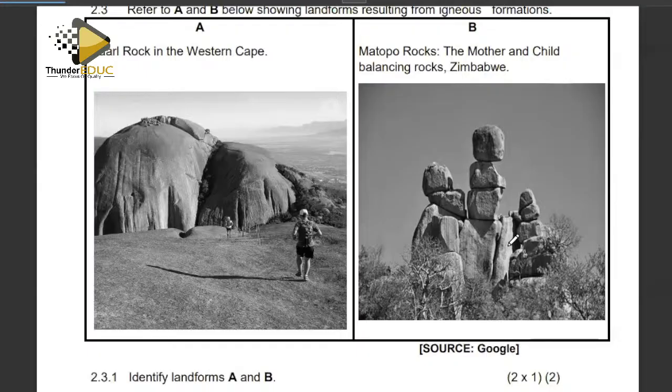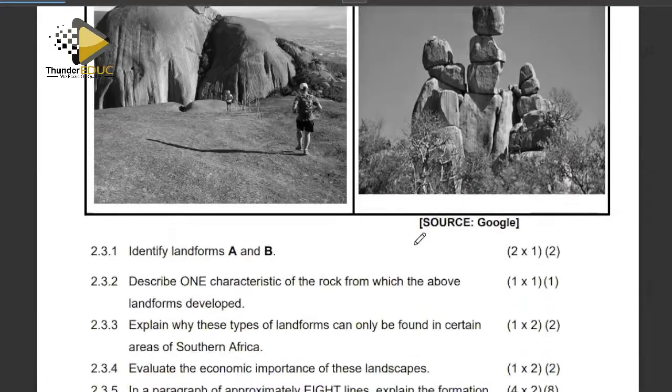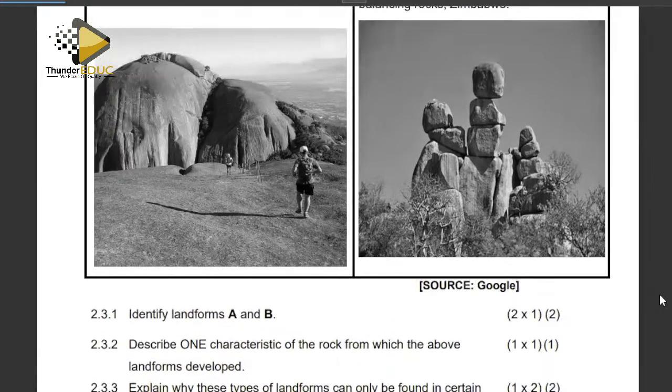Those two features are going to be our features of reference to answer the questions. Identify landforms A and B. Right, our landform A, this is a granite dome. And these are granitic tors.